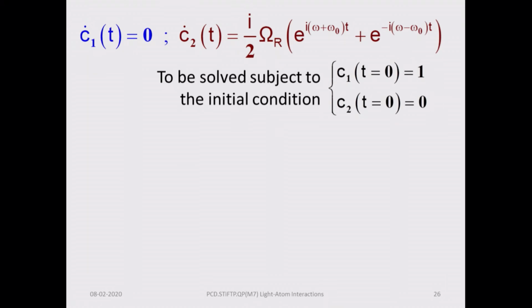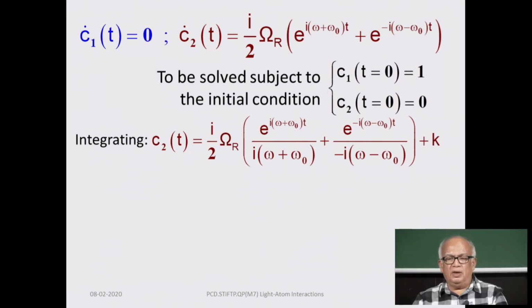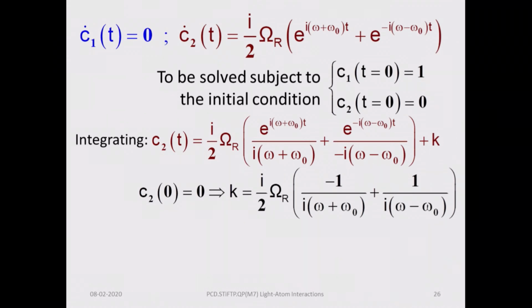So you solve for this differential equation subject to initial conditions. What do you have to do? You just have to integrate this differential equation. Once you integrate it, you will get a constant of integration. You will have terms in omega plus omega 0 in the denominator, and also omega minus omega 0 in the denominator, out of which you have to use the initial conditions to determine the constant of integration.